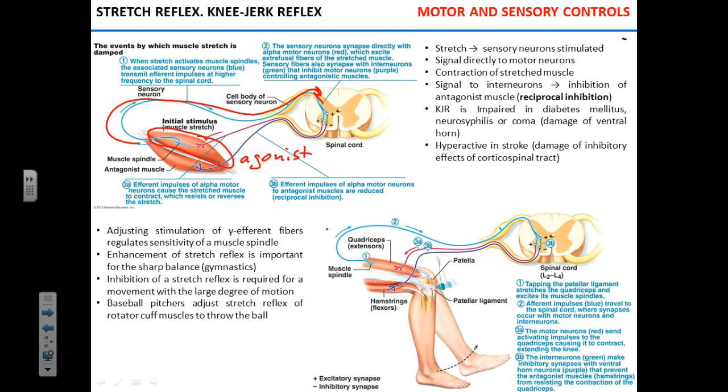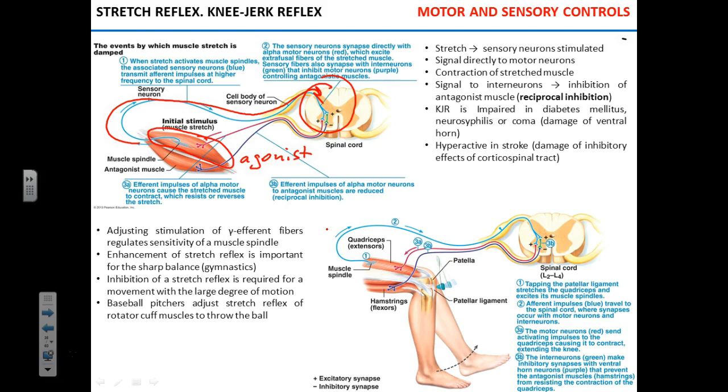Which horn of the spinal cord is responsible for sensory signals? Dorsal horn, right? So the sensory signal arrives to the dorsal horn. Can you see that arrival here? Okay? So far, do you keep up with it?